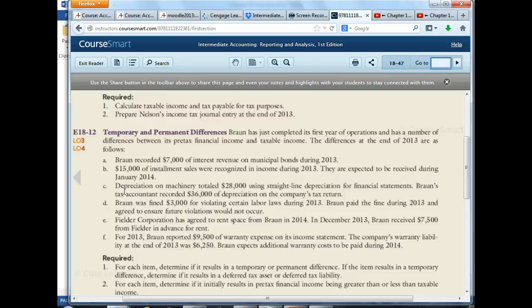Okay, what's the deal? For each item, determine if it results in a temporary or permanent difference. If the item results in a temporary difference, determine if it results in a deferred tax asset or a deferred tax liability. This is a permanent difference, period. So it's not going to be a deferred tax asset or deferred tax liability because it's never going to happen.